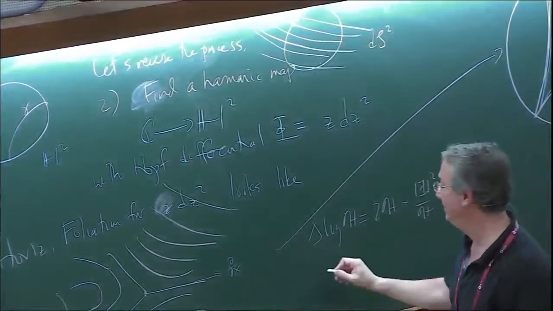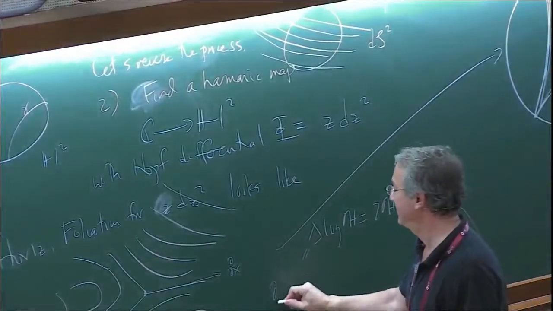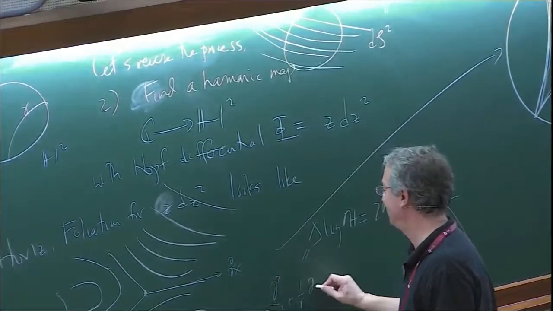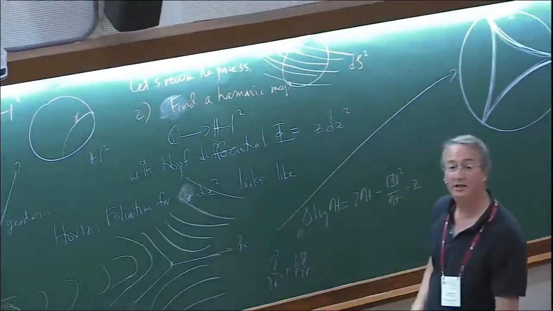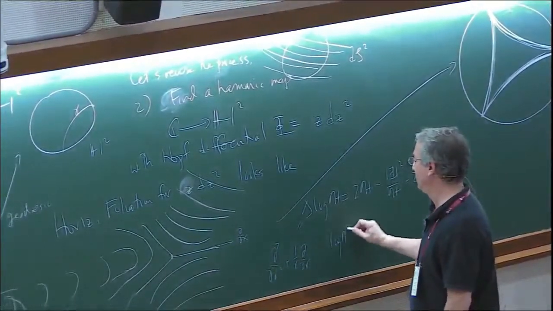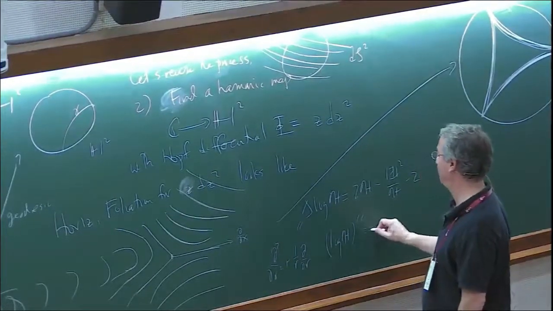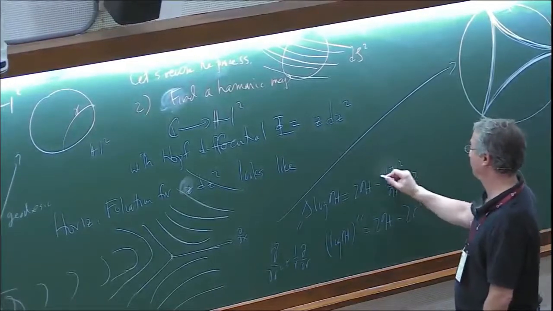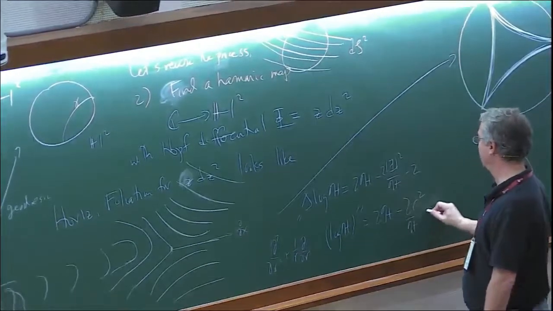If I take the Laplacian to be d squared dr squared plus 1 over r d by dr, it's really an ODE. It's saying that log h double prime is 2h minus 2, oops, I forgot the 2, r squared over h minus 2.